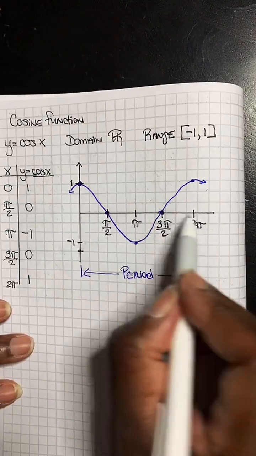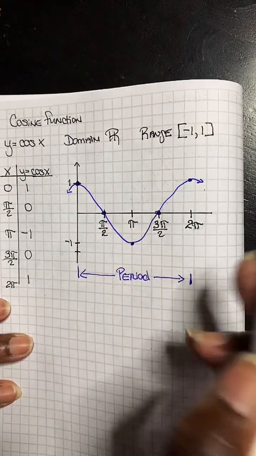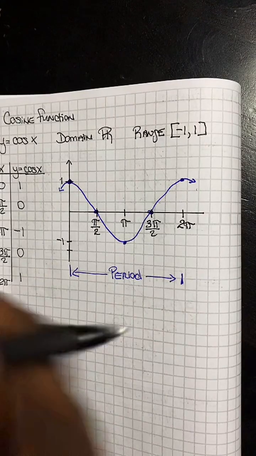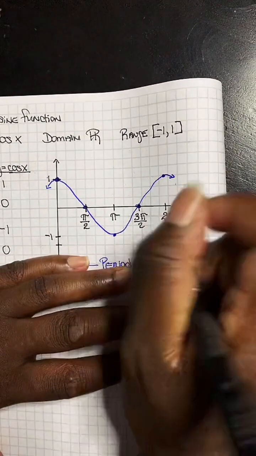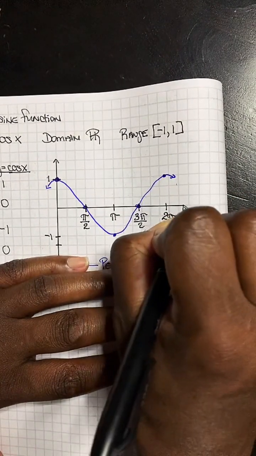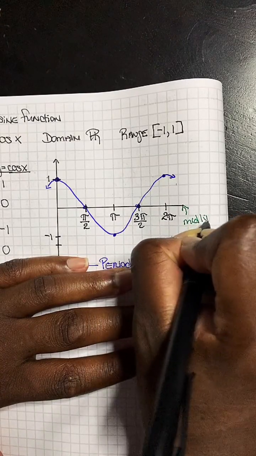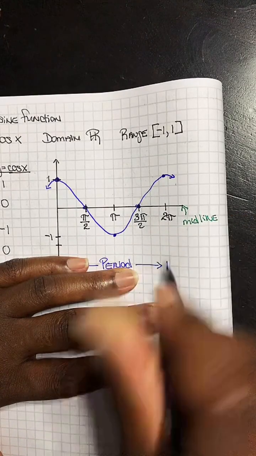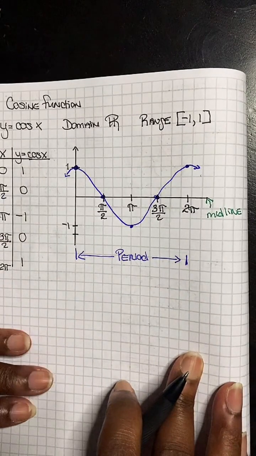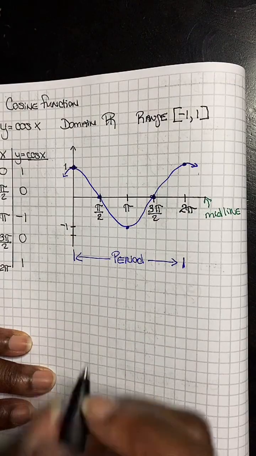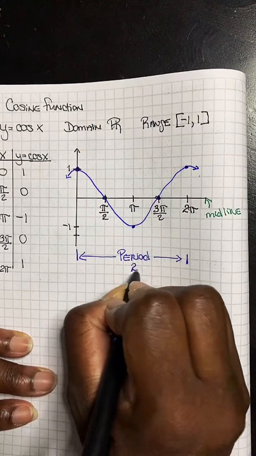And again, my x-axis is going to be my midline. We know my period is going to be 2 pi.